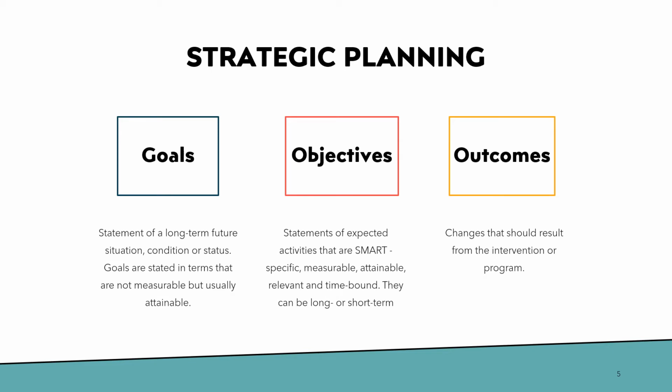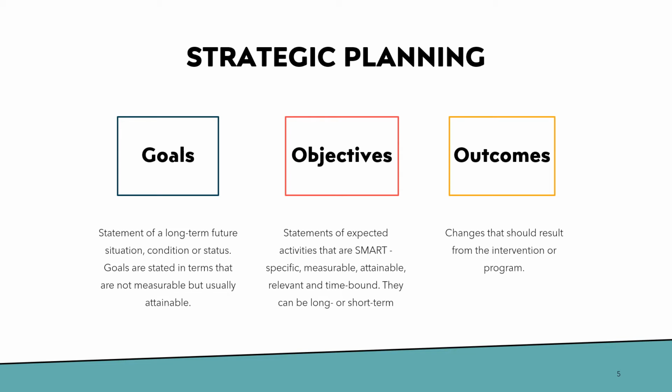The idea of strategic planning always starts with, what is your goal? What is your mission? What is your vision? So what is the what that you're going to do? And the vision is what you expect to see when the mission is realized.